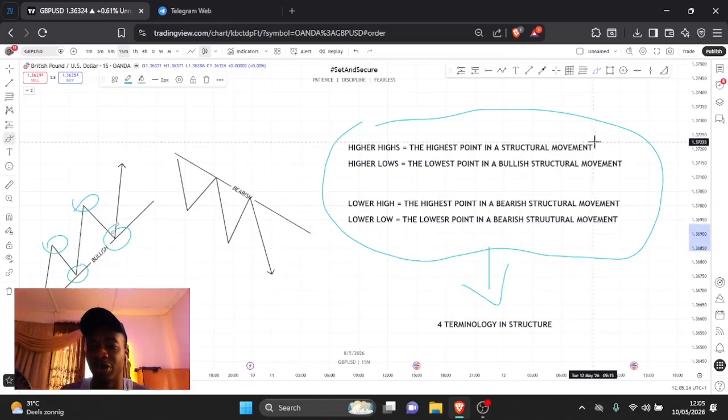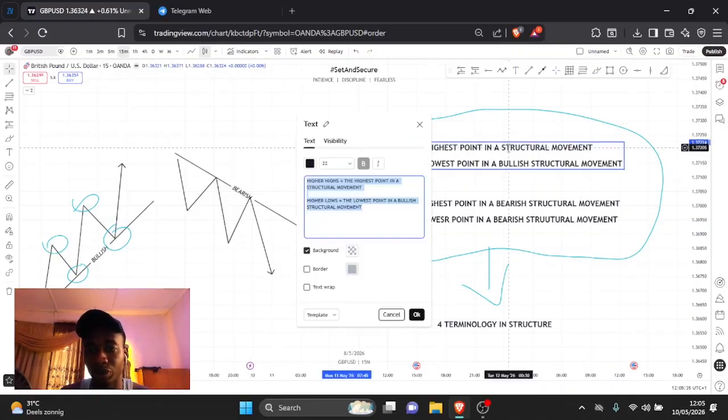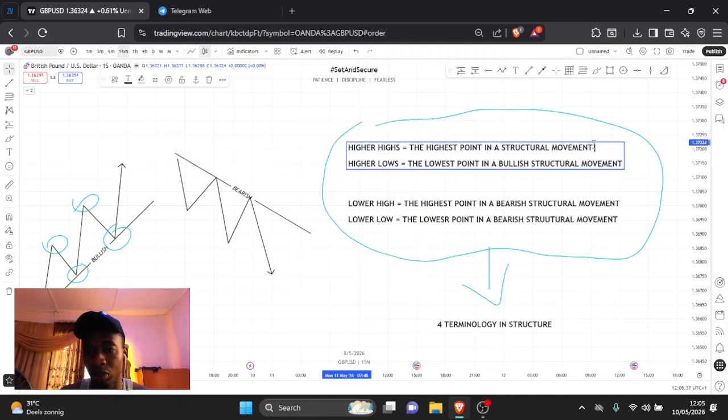You understand? Right. So now we have short forms for them. Instead of typing higher highs, we use the first letter, H for higher and another H for highs. That's HH.